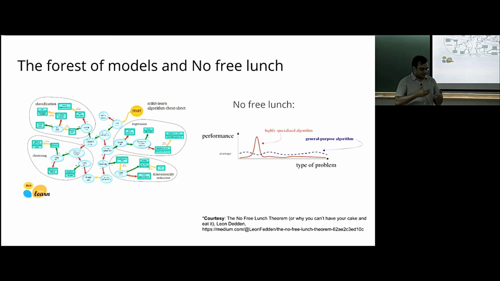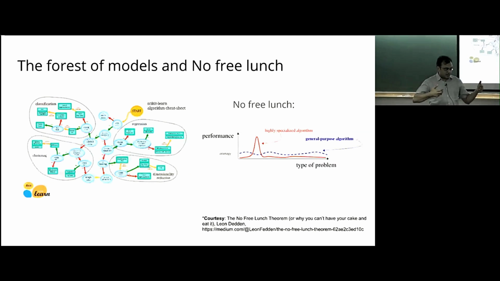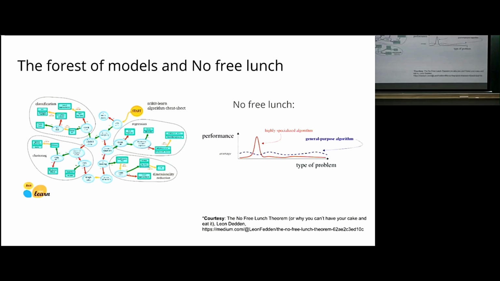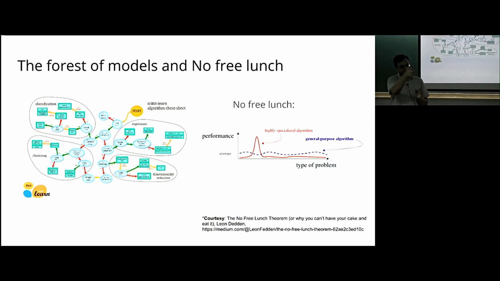Given a class of algorithms, and if you're looking at their performance, it says that no algorithm can beat the other algorithm on all tasks, given that class of tasks that you have. So you have a given class of algorithms or models, and a class of tasks, right? The mathematical definition I'll have to go and look up, but what it essentially says is that you cannot find a single model that beats the other models on all these tasks.